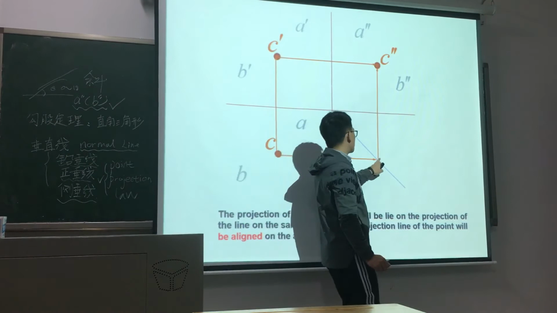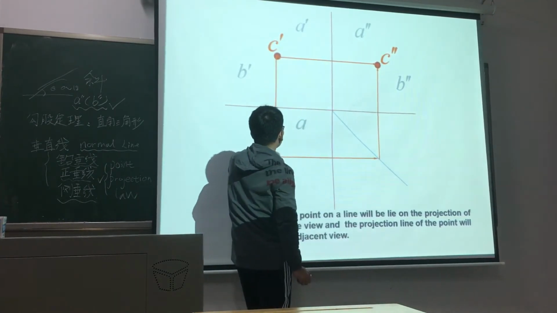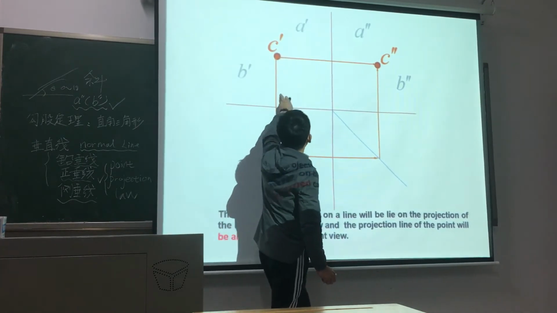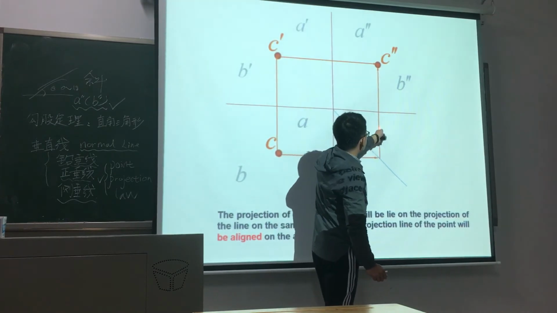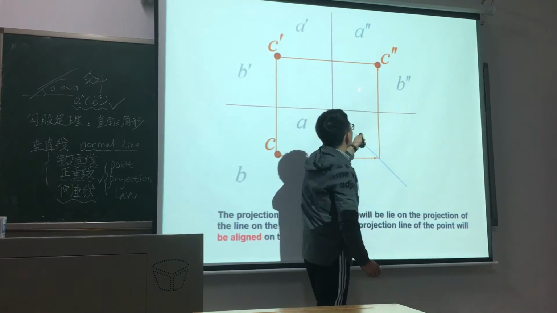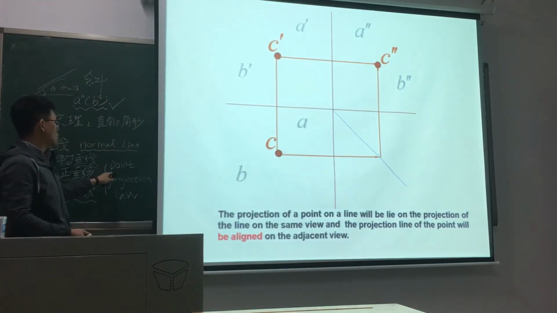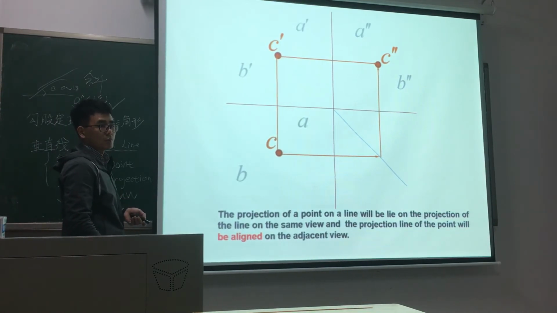Add a perpendicular line here and here. These two lines should be perpendicular to this OX. And add a line here and extend the intersection here. This is 90 degrees. So you can get C''. This we call the point projection view. So keep it in mind.